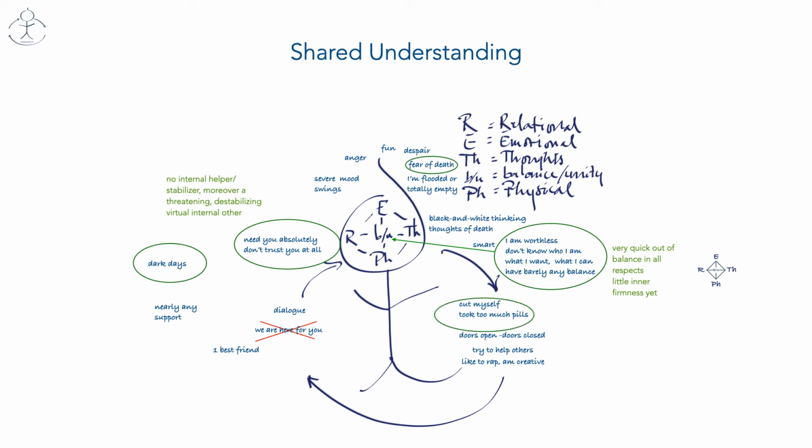Her self-harming behavior can be understood as a cry for help. Take care of me, I can't handle it anymore. Theoretically, this behavior also can be seen as the destruction of a virtual internal threatening other as a result of the abuse and other trauma.